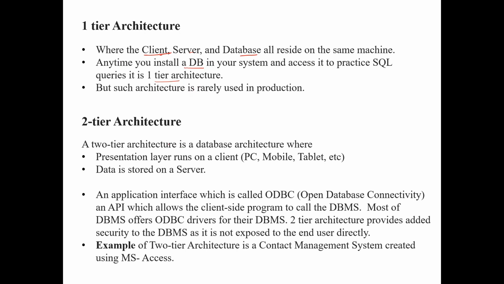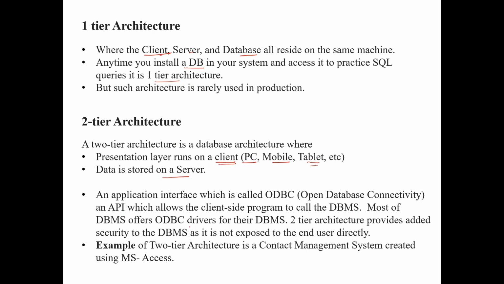A two-tier architecture is a database architecture where the presentation layer runs on the client side, whether the client machine is a PC, mobile, or tablet. Data is stored on the server. An application interface called ODBC, Open Database Connectivity, is an API which allows the client-side program to call the DBMS.